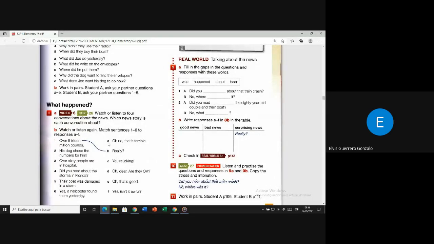Por ejemplo, esta parte de la A. Un tono correcto sería más o menos, oh no, that's terrible. ¿No? Porque estás hablando de algo malo. ¿Qué pasó? Tal vez no sería bueno decir, oh no, that's terrible. O la E. Oh, that's good. Pero si dices, oh, that's good, como que no suena, ¿no?